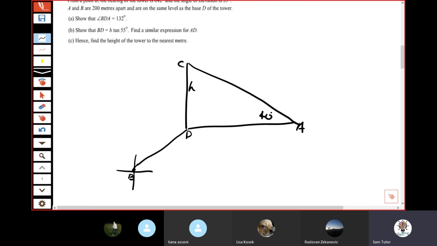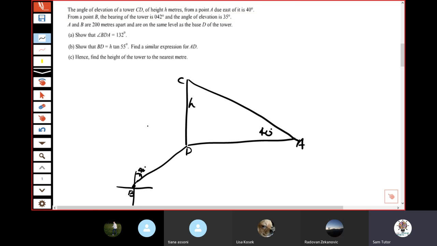Whenever we're doing bearings, we draw compass bearings. Imagine I'm standing there and I'm facing north. Then I'm on a bearing, I can see the tower at 42 degrees. So that angle there to the tower would be 42 degrees.